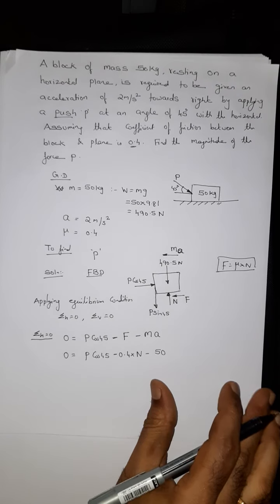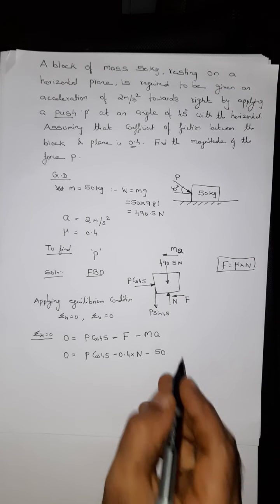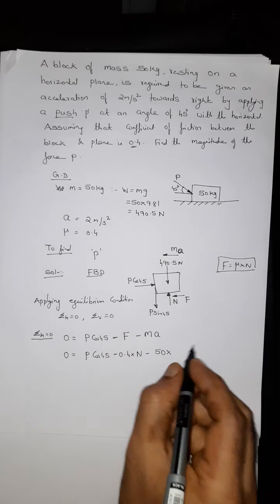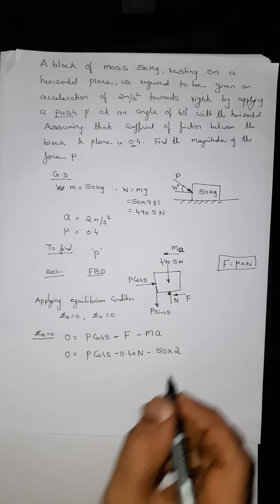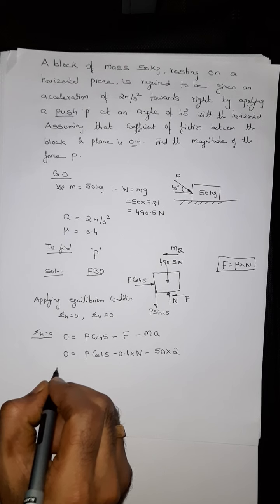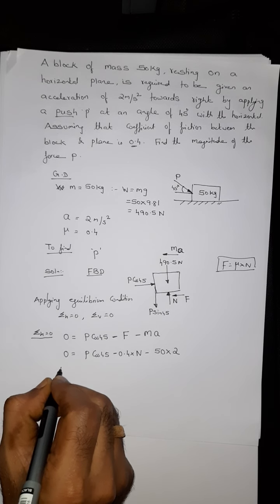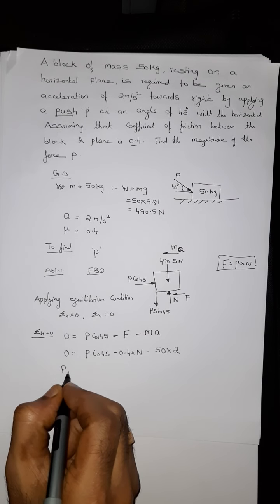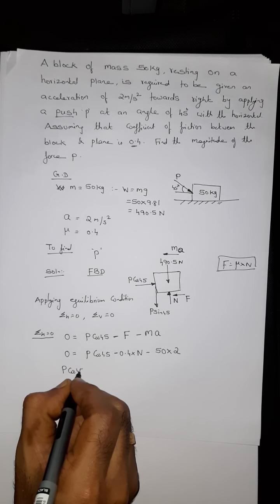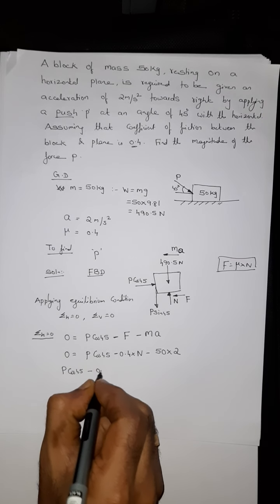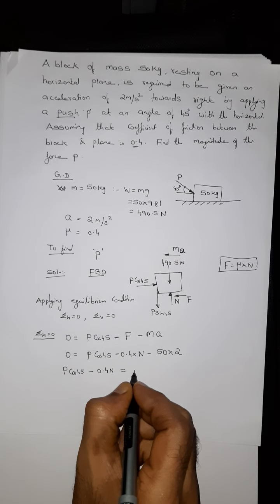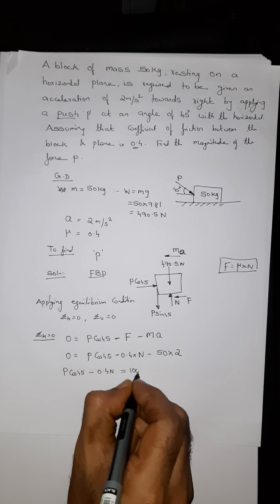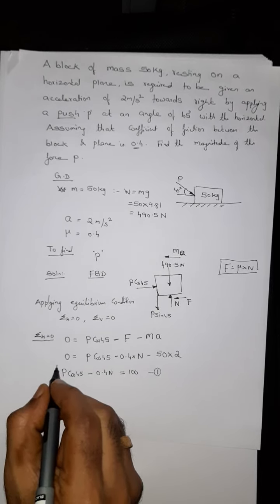So the unit of M is kg, M into acceleration, which is given 2. Clear? Now P cos 45 minus 0.4 N equal to 100. Equation number 1.